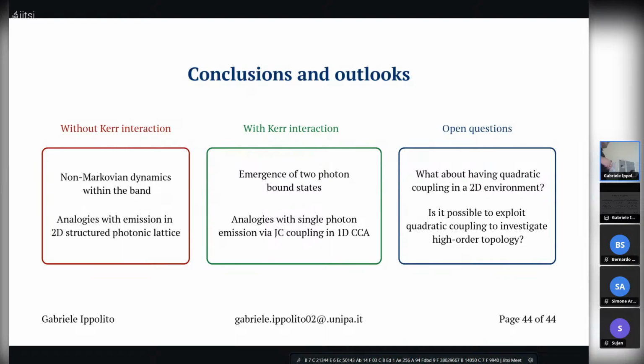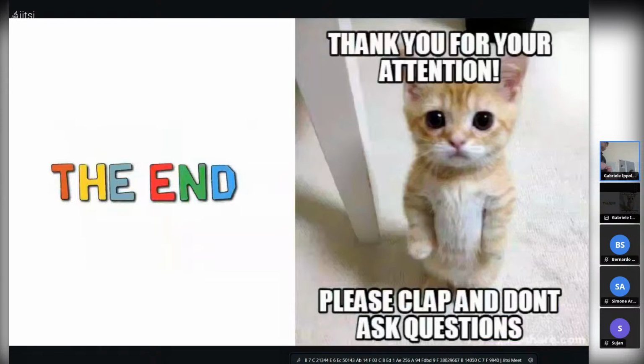Because if we are in 1D and we reproduce a two-dimensional dynamics, what can we expect from a two-dimensional system with quadratic coupling? Maybe a four-dimensional emission dynamics, just for fun. And that's all.